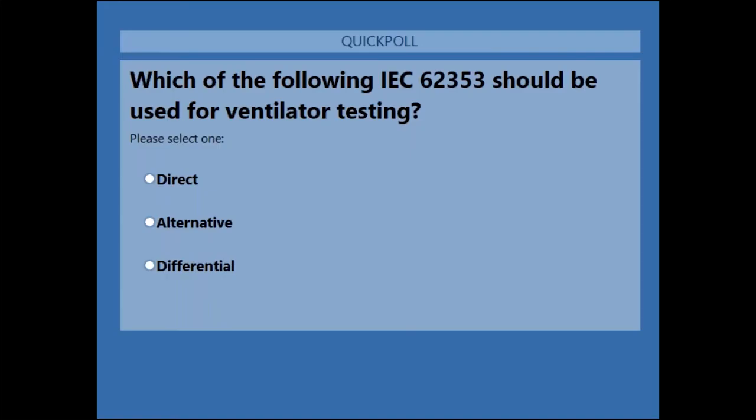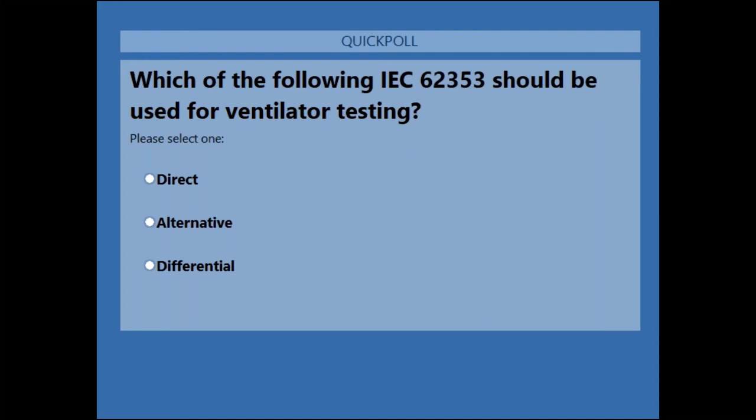The next thing is, we know that most of the devices that we're going to be talking about today in ventilators are an IEC 60601 class 1 device for electrical safety testing.